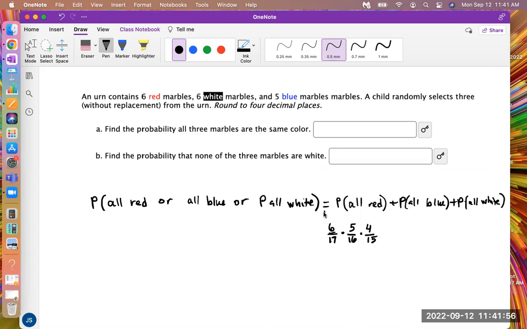The probability they're all red is the probability of the first red times the probability of the second one being red times the probability of the third one.